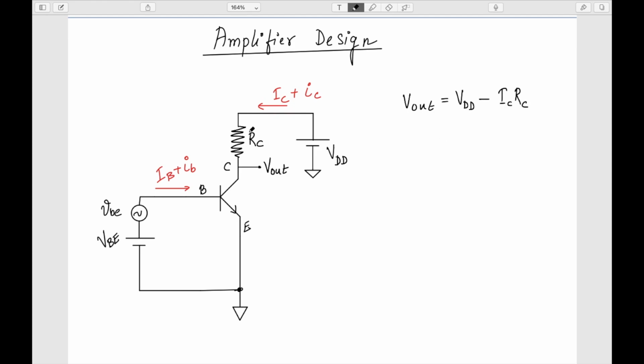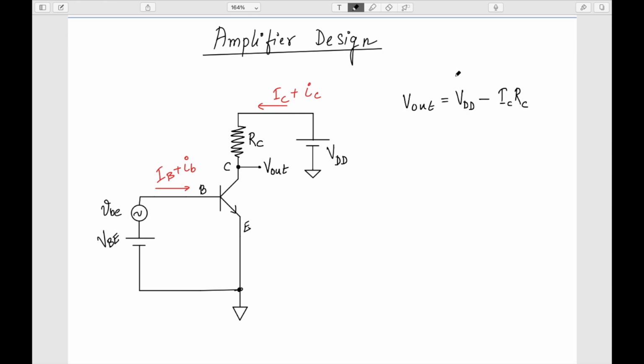Let's call this resistor RC because it is connected to the collector. So basically what I'm doing here is converting the change in the current into change in the voltage, because finally in an amplifier I want to feed input as a voltage and get output as a voltage, so basically voltage amplification. Of course there are also current amplifiers, which we will see later on.